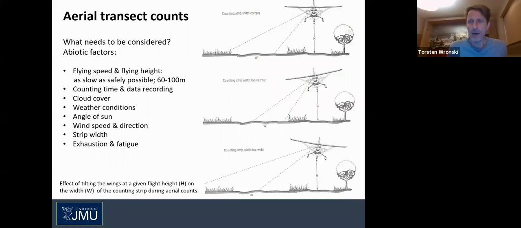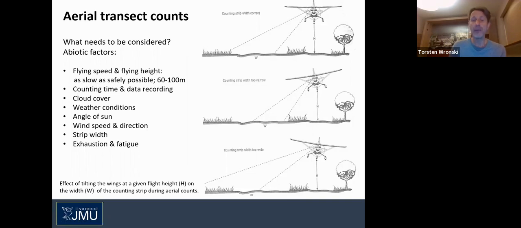So what do we need to consider if we plan and implement an aerial transect count? First of all, let's have a look at the abiotic factors. Of course, we need to determine the flying speed, which should be as slow as safely possible. And we need to determine the flying height.